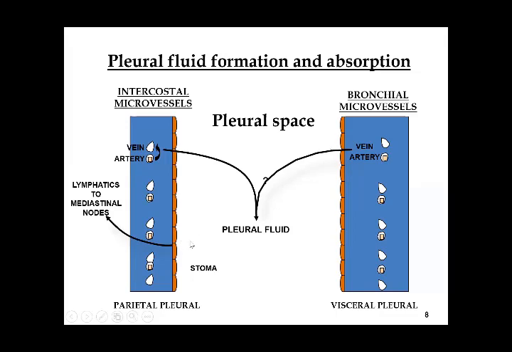The pleural fluid comes from these arterial vessels, goes into the interstitial area and then into the potential space. From the stomata present between the cells, it is reabsorbed into the vessels and goes to the lymphatics and the mediastinal lymph nodes.